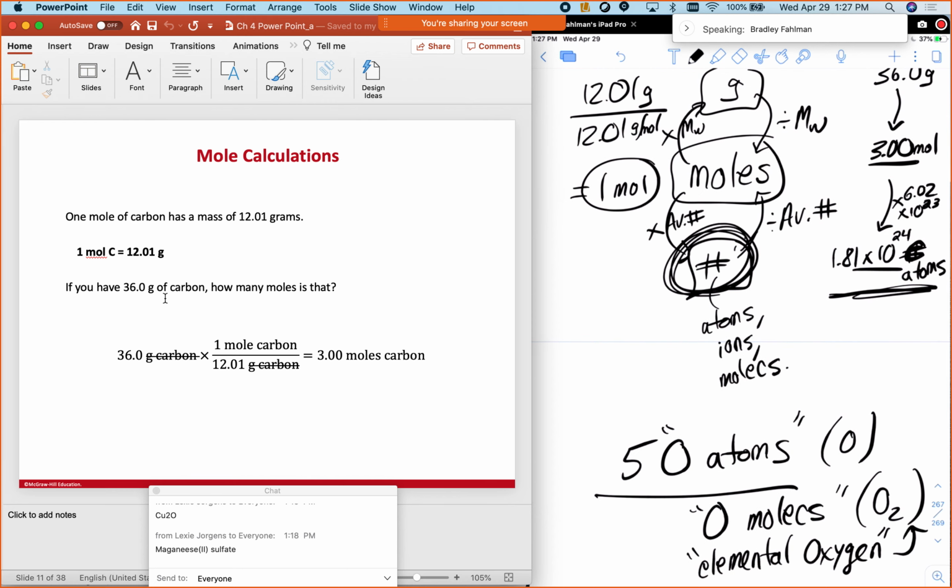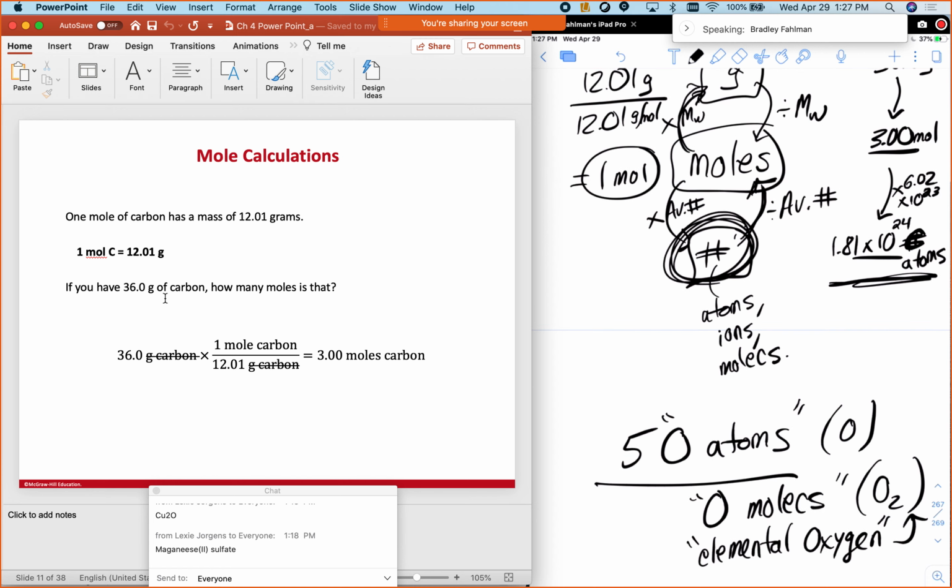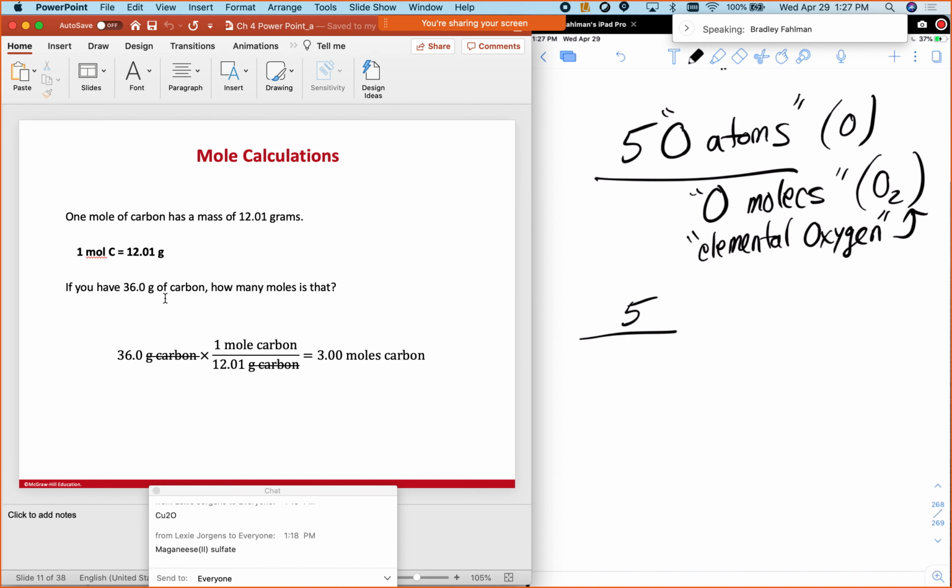You're going to divide by Avogadro's number to give you moles, and then multiply by the atomic weight, or atomic mass. So it would be 5 divided by 6.02 e to the 23rd, which is 8.31 times 10 to the minus 24 moles of oxygen atoms.